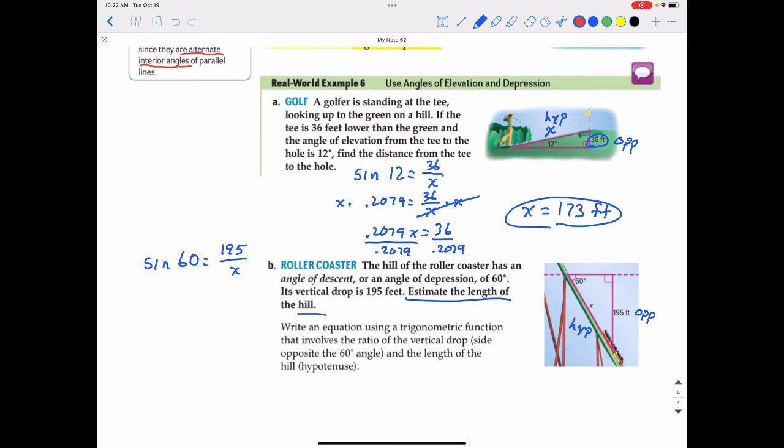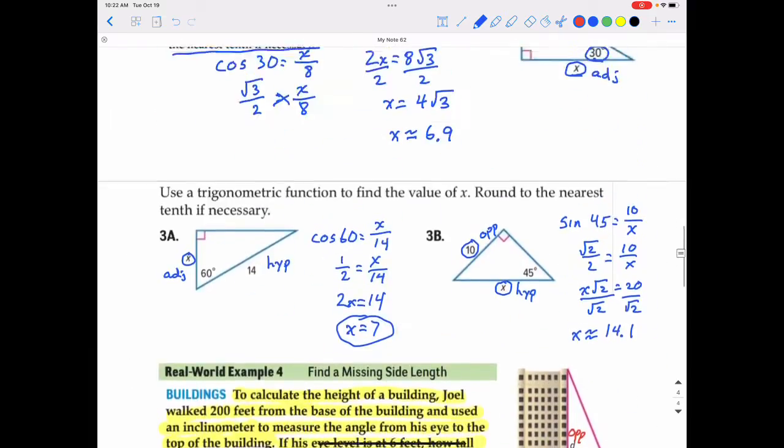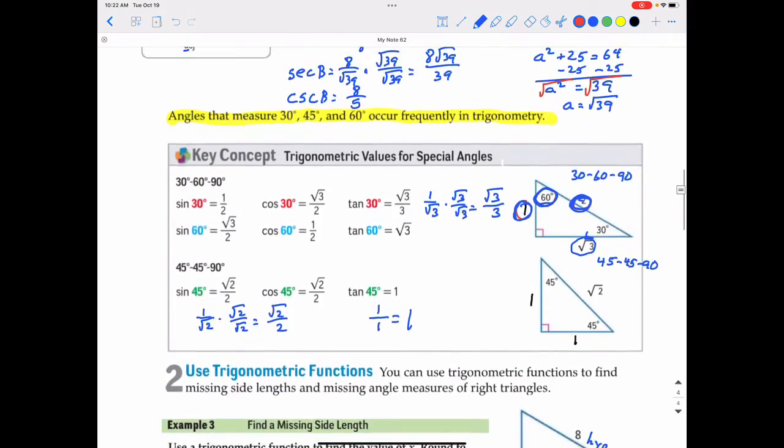Again, going back to our special triangles, we know what the sine of 60 is already. The sine of 60 is the opposite of the 60-degree angle right here, and that would be the square root of 3. And the hypotenuse is the 2, which is kind of covered up, but you can still see it.